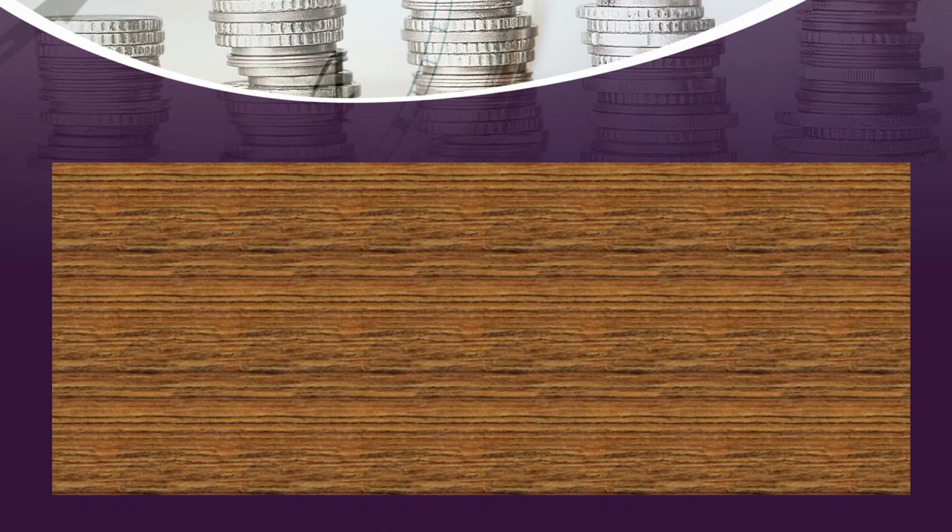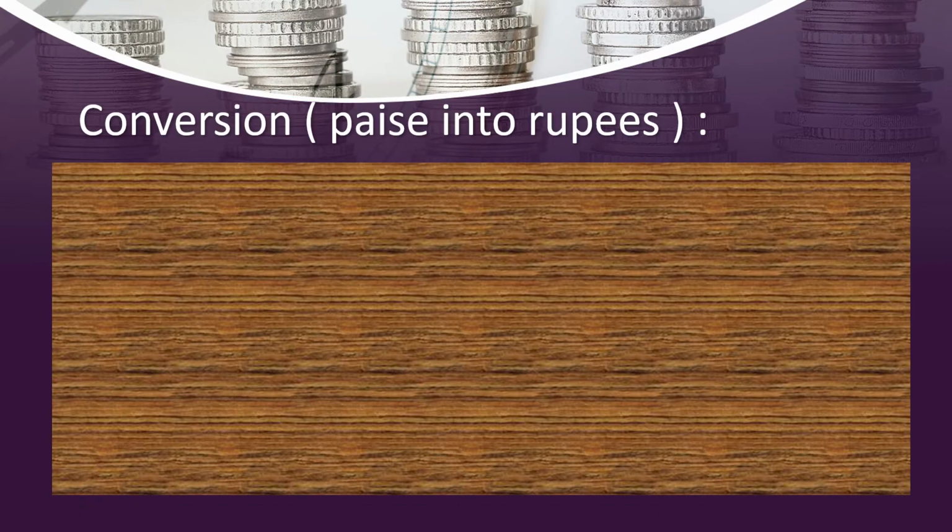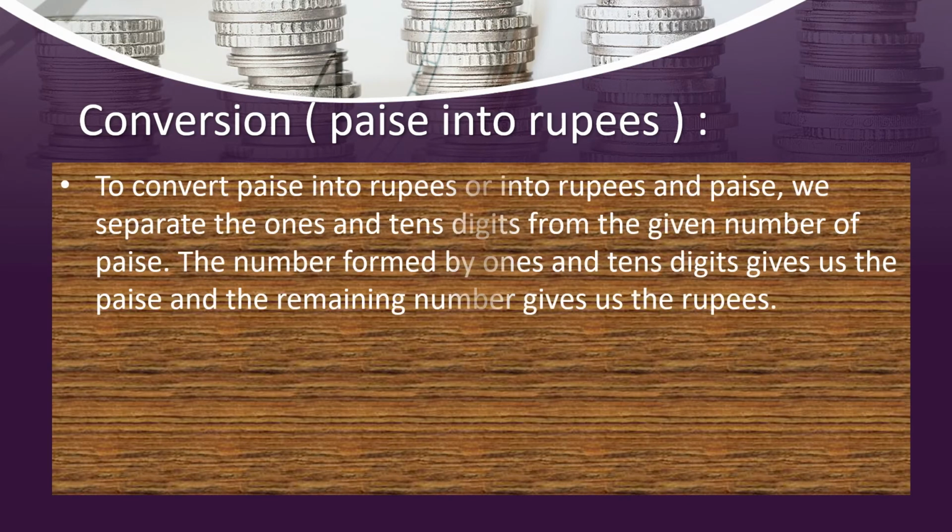Now students, we are going to learn about the conversion of paise into rupees. For this, to convert paise into rupees, or paise into rupees and paise, first we need to separate the ones and tens digits from the given number of paise. The number formed by the ones and tens digits gives us the paise, and the remaining number gives us the rupees.